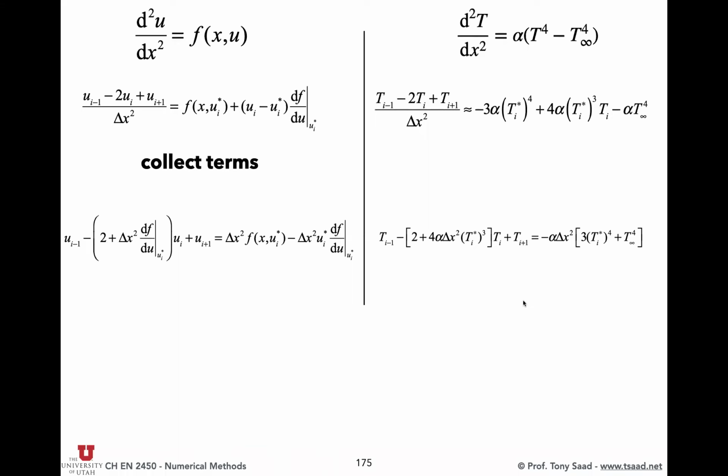At point i, the linear equation is given by T i minus 1 times minus 2 plus 4 alpha delta x squared, etc., T i plus 1 minus alpha delta x squared times whatever. Again, our unknowns are the T i's, so T i minus 1, T i, and T i plus 1, and that gives you a system of equations, and these equations are linear.